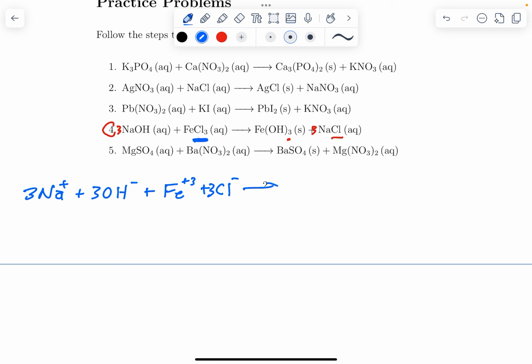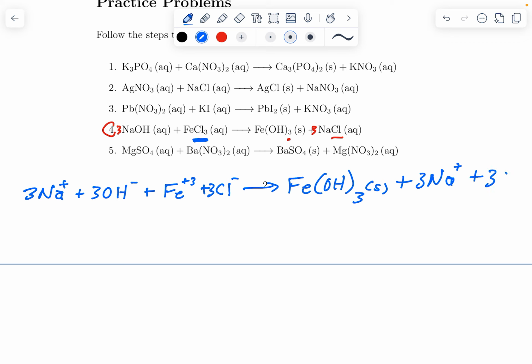and that yields the solid. You just rewrite Fe(OH)3, and please put the solid there because that's important, plus 3 Na+ plus 3 Cl-.